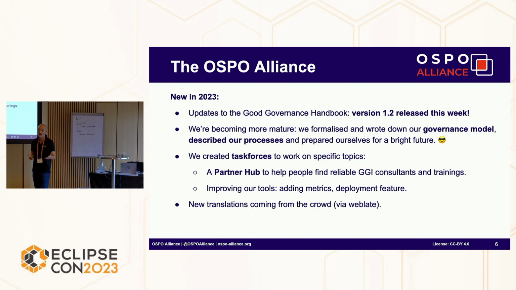We do not track our users, so we are not sure how many people read and use it. But more and more, people come to us and say, actually, I read your handbook. It's really useful. I used it to develop my roadmap and actually implement the OSPO in my organization. So we realized that we have an impact in Europe at least, and in other parts of the world as well.